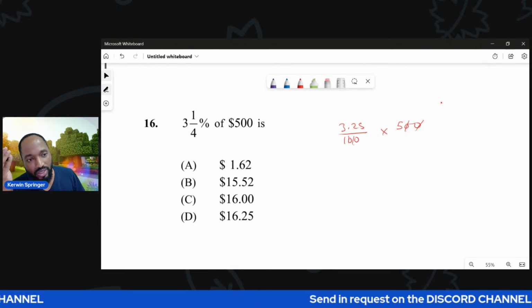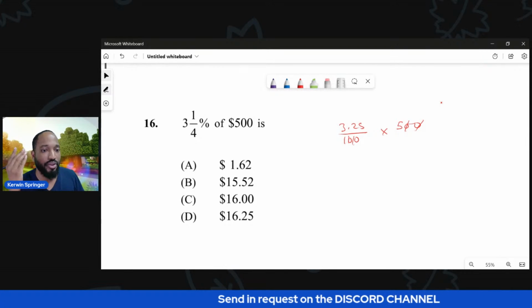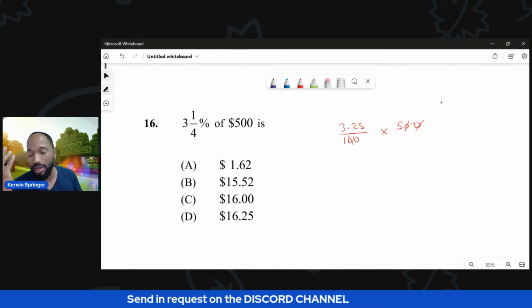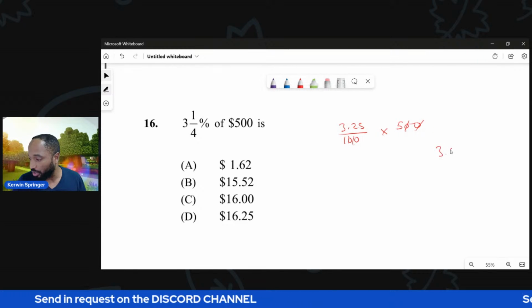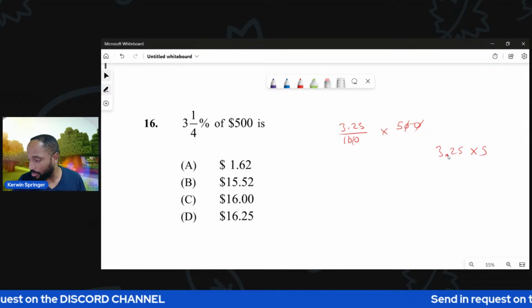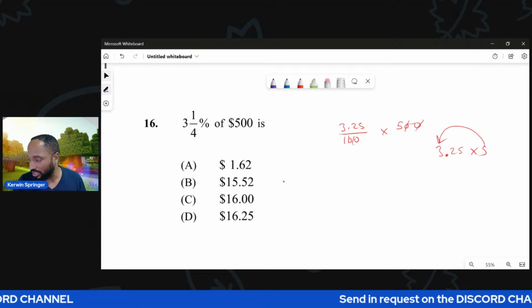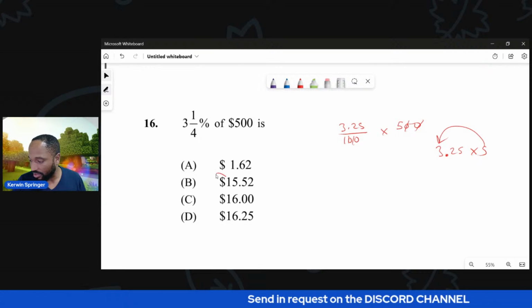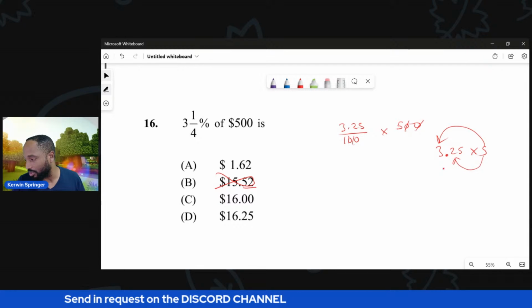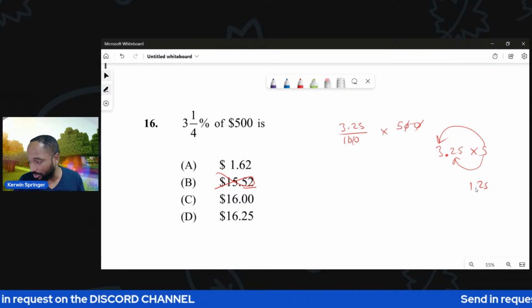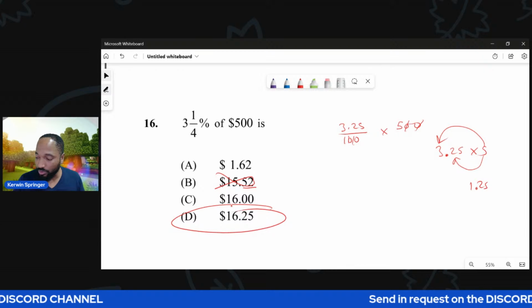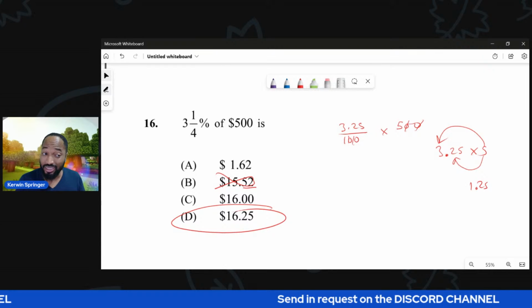So if I have 500, you just simply multiply by 5. You understand what I'm saying? It's 3.25 by 5. And I don't need to think too hard for that. 5 by 3 is 15. So I know it's not this, because where does that 52 come from? And then I need to do 5 by 0.25, which is 1.25. So it's 15 plus 1.25. D is the answer. You see that?